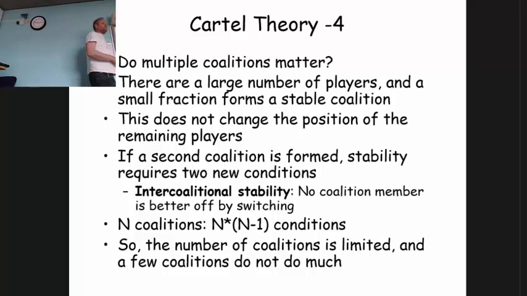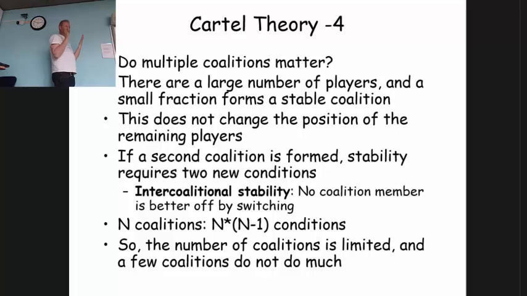If you have 50 coalitions, then you have more than 2,000 conditions that you need to meet. But with 200 degrees of freedom, you're never going to get there. It's just completely impossible.